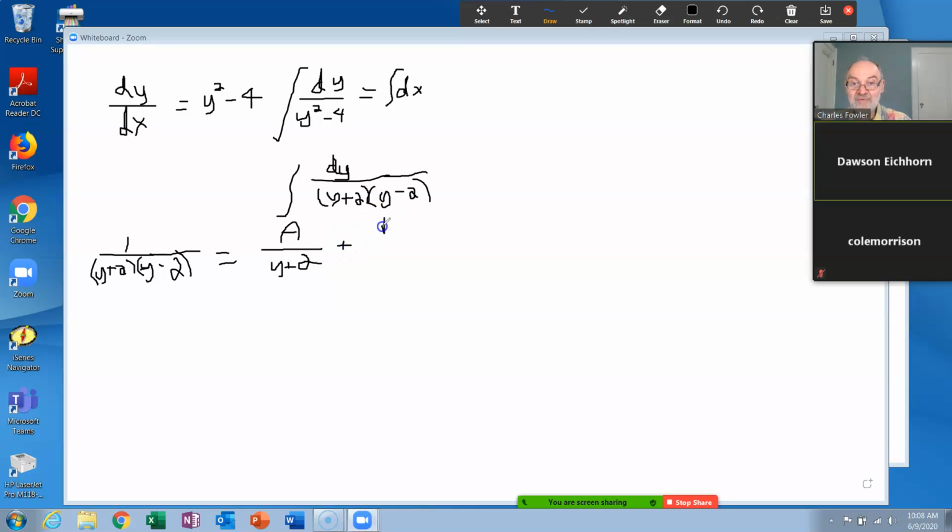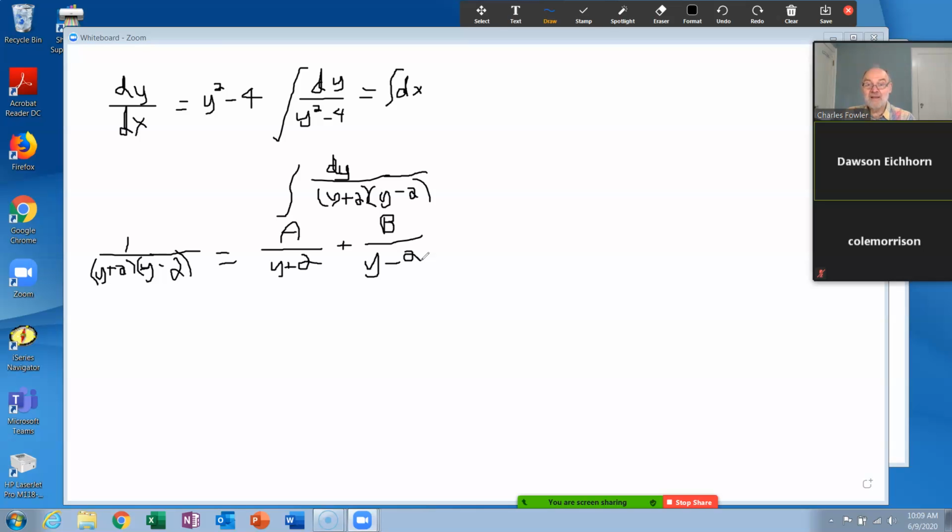Anyone remember the name of this yet? Hint, fractions in the name. This was called the method of partial fractions.